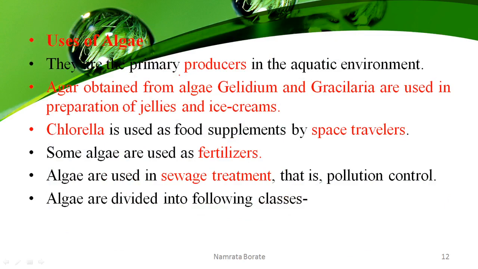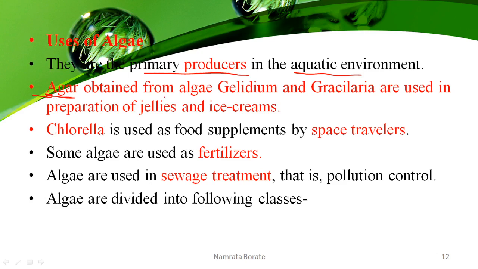Afterward, we see the uses of algae, where these algae are used. They are the primary producers in the aquatic environment. Agar is obtained from algae, and this is a very important point, because it's mostly used in tissue culture laboratories also.